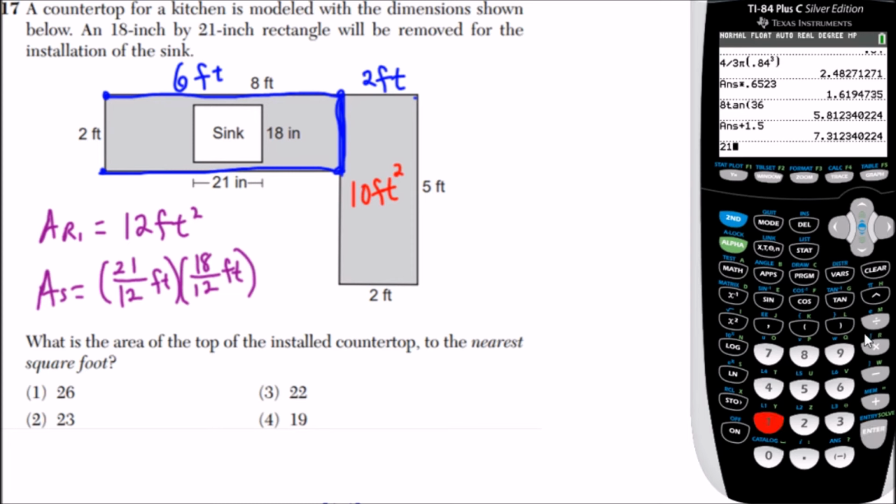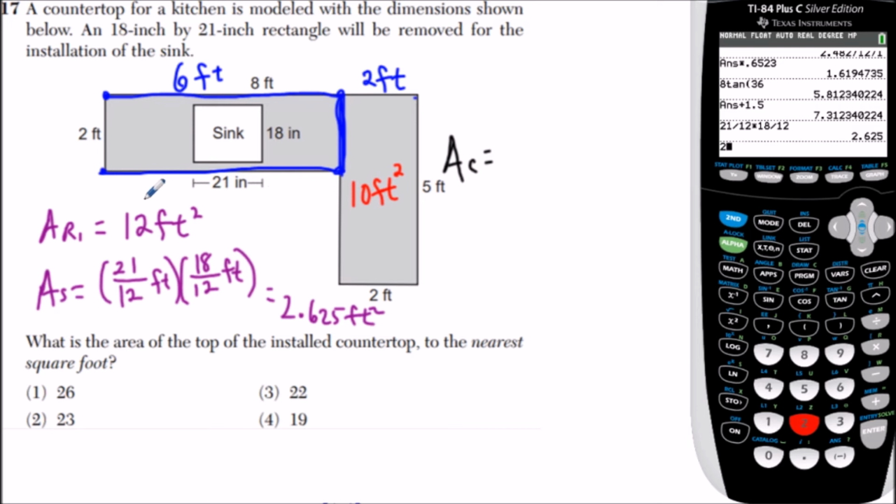We got 21 over 12, and we're multiplying that by 18 over 12. So we work that out here. We got 2.625. So the area of the sink in square feet is 2.625 square feet.